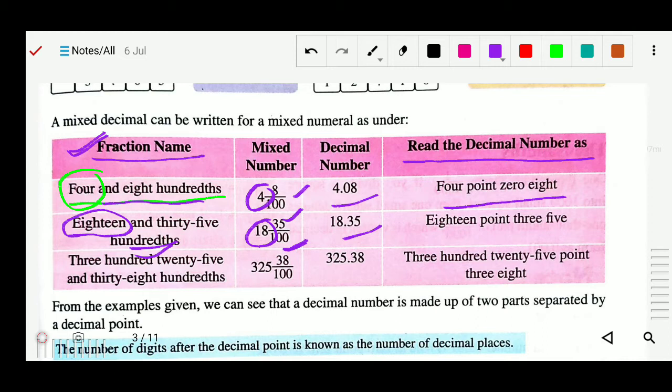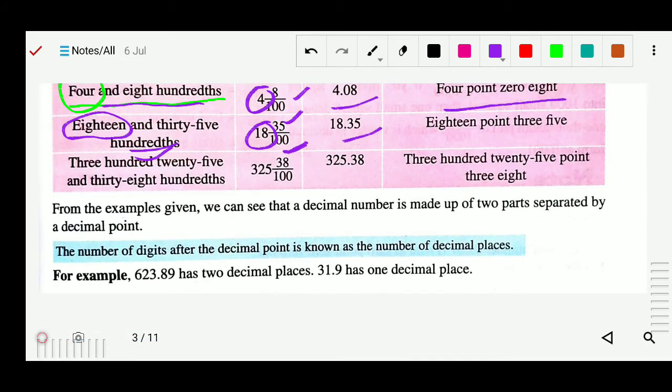Likewise you have to do the fraction name, mixed number, decimal number, and read the decimal number. This is a very important one, you must practice it. One more thing: the number of digits after the decimal is known as the decimal place, as we discussed in the last exercise. Now we will solve exercise 9b.